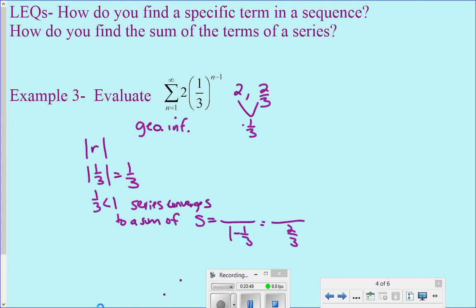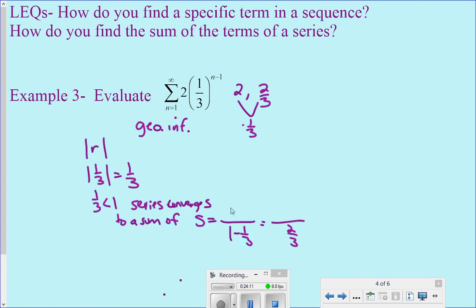So I always say just be on the safe side and check it by substituting the lower index in and getting the first term. Now we did that a second ago. We put 1 in, 1 minus 1, 0, 1/3 to the 0 is 1, 1 times 2 is 2. So we have confirmed already that 2 is the first term. But again, if we hadn't done that already, I would substitute in the lower index to figure that out.